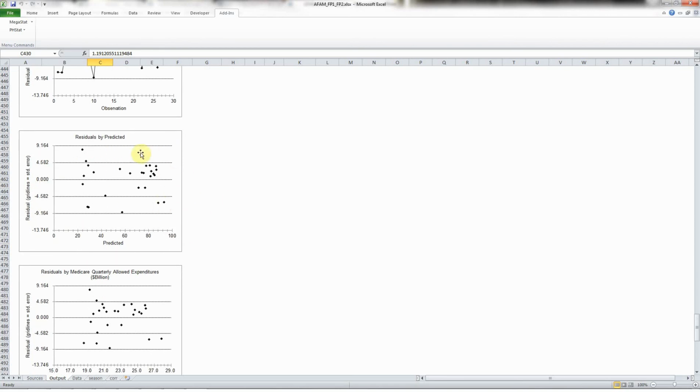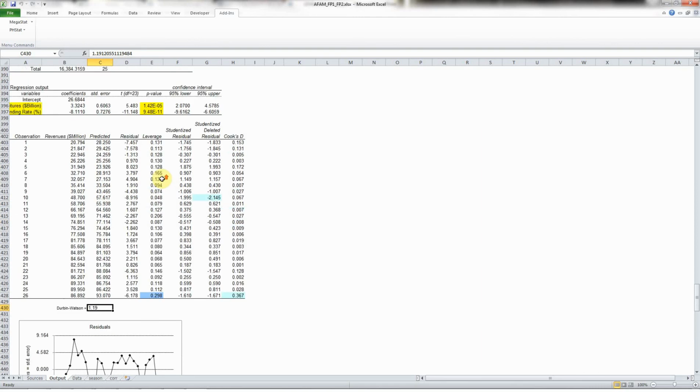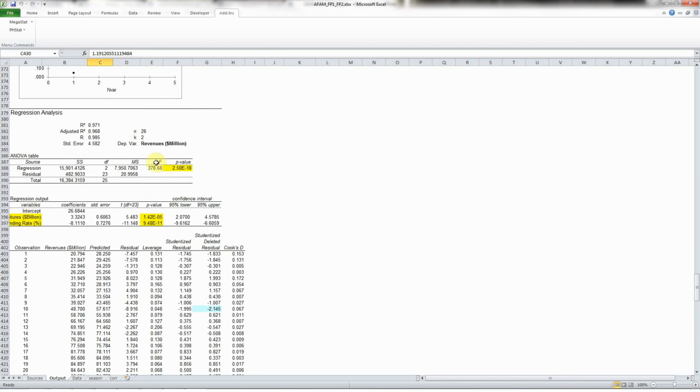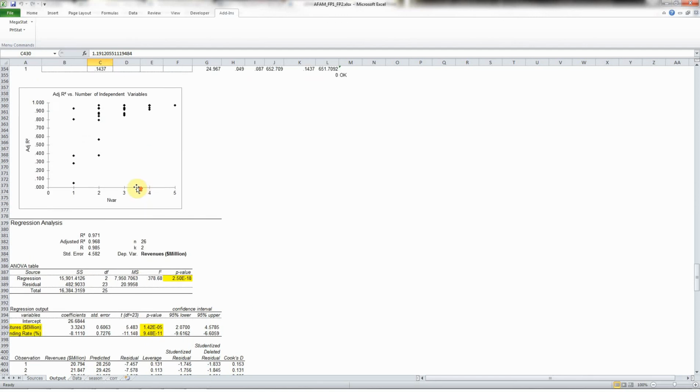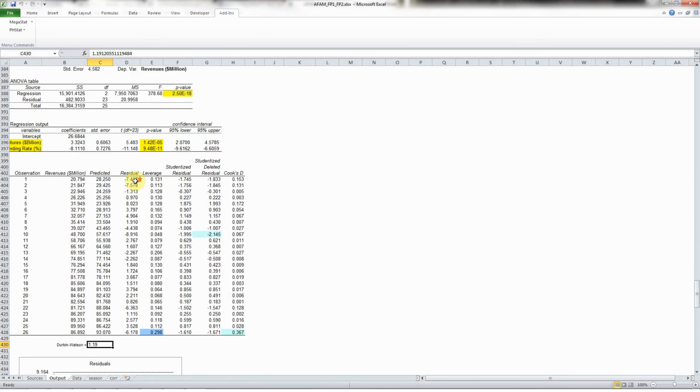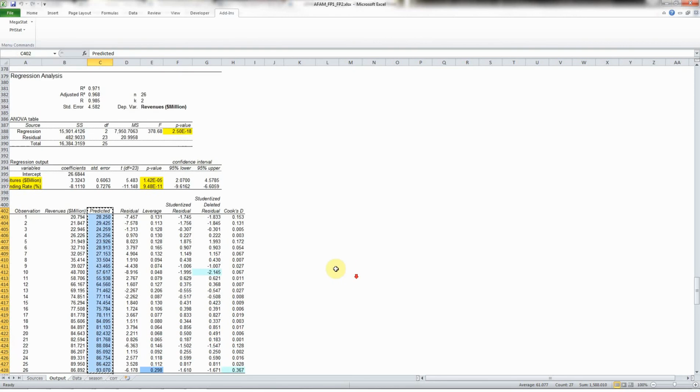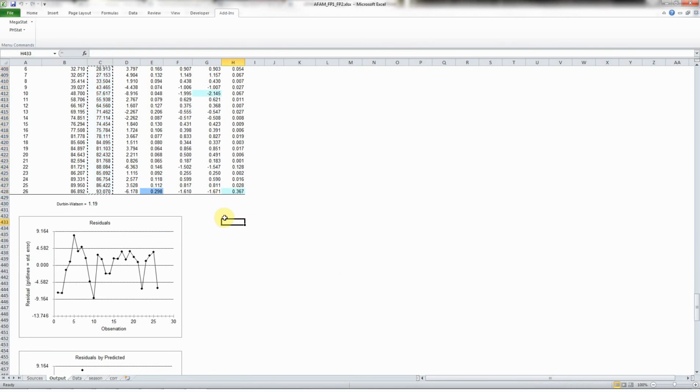and I don't really particularly see a wedge pattern, but if you're concerned about the wedge pattern, you can take a look at the residuals by taking the predicted here, and putting it over here like that.